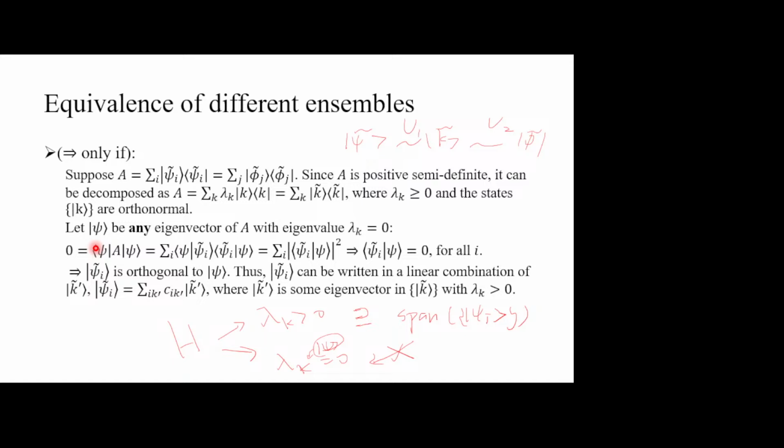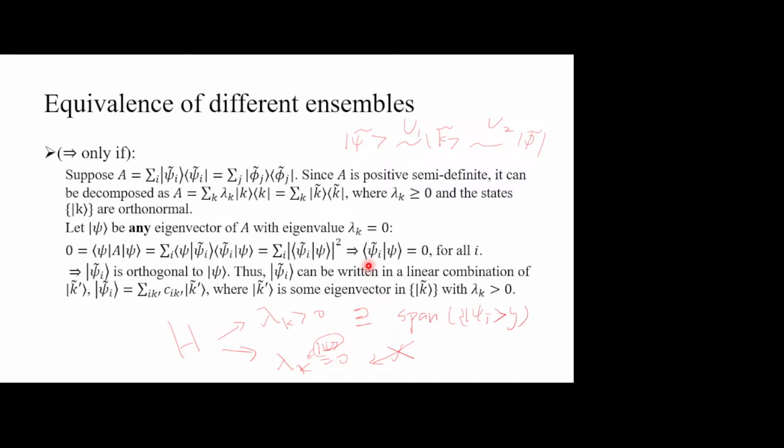Then we go back to use the decomposition of A as those psi tilde. A is the summation over i of psi tilde i times its inner product with psi, so this is the summation over i of the absolute value squared of the inner product of psi tilde and phi. But those things are positive semi-definite, so each is greater than or equal to 0, and you sum over all of them and they go to 0.